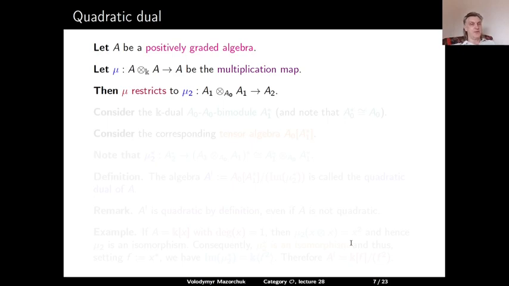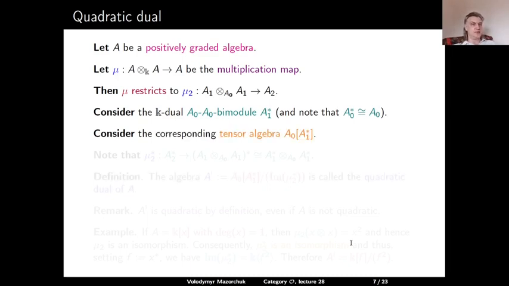So this is the map mu2 from A1 tensor over A0 with A1 to A2. Consider the K-dual A0-bimodule A1 dual. Also note by our assumptions, A0 dual is A0. Consider the corresponding tensor algebra over A0 of A1 dual.